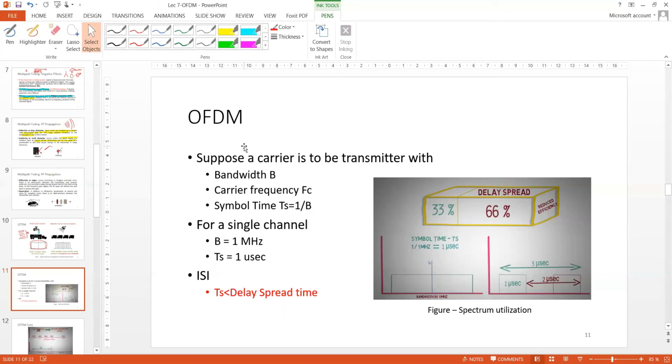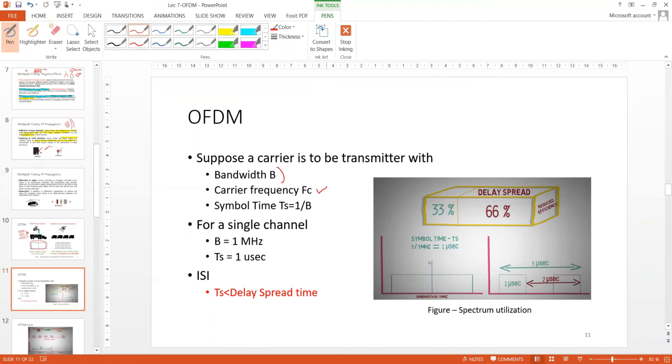Let's suppose we have a carrier, and that particular carrier is used to transmit information over the channel having a particular bandwidth B. So the carrier that is used to transmit information over the channel will have the same bandwidth. Let's suppose it has a bandwidth of B as well. Let's suppose the frequency of the carrier that is being transmitted across the channel is FC.